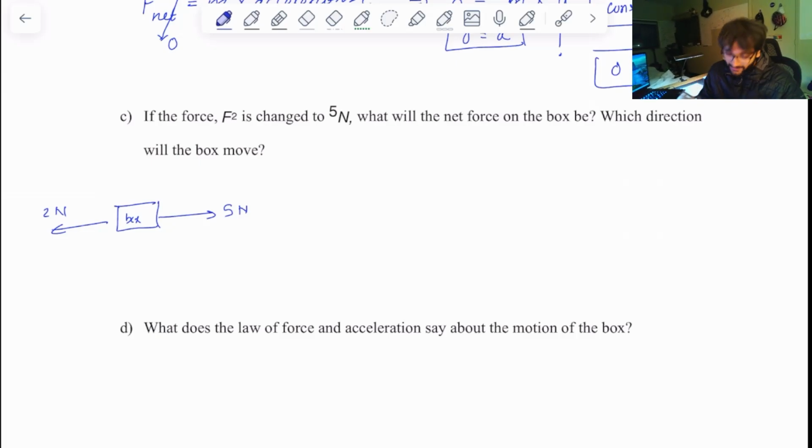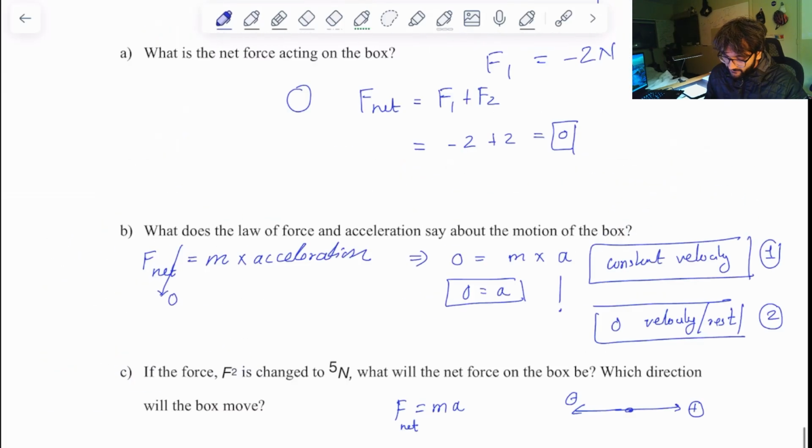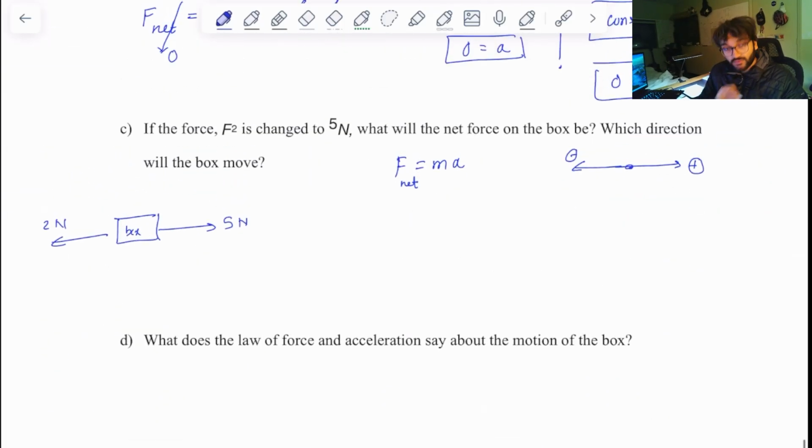Let's see that mathematically. So we again use F equals ma, and let's say this is positive and this is negative. So F is basically F net. So you've got F2 to be positive because it is to the right, plus 5 newtons. F1 to be negative because it is to the left, so that is minus 2 newtons, equals mass times acceleration.